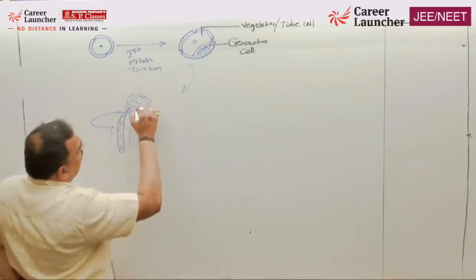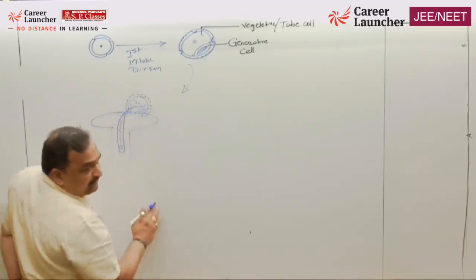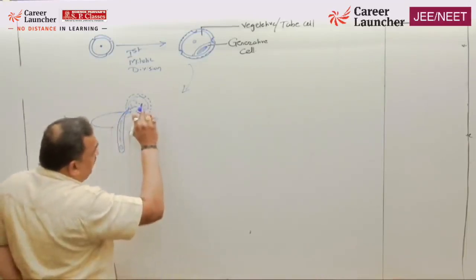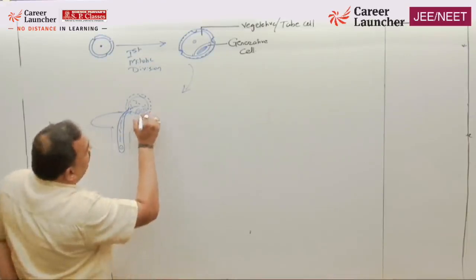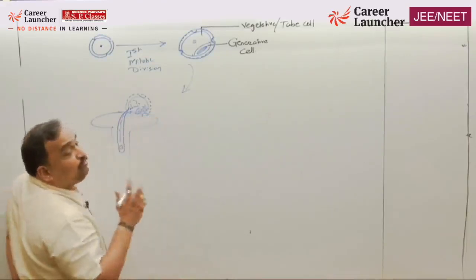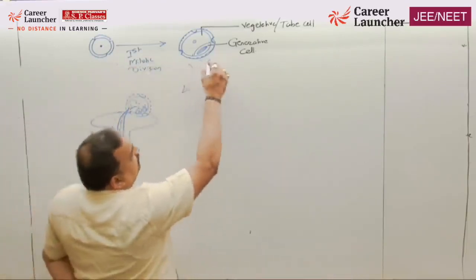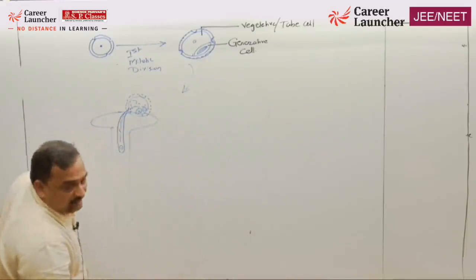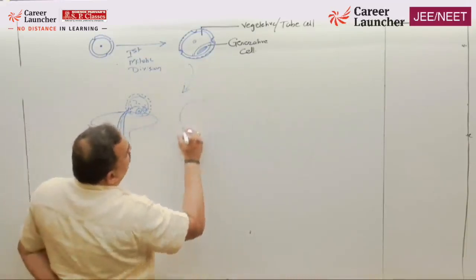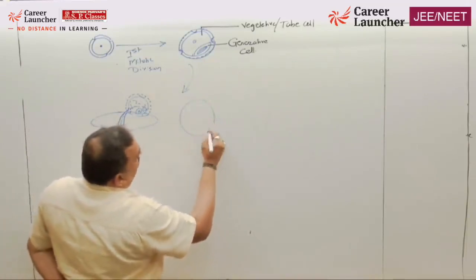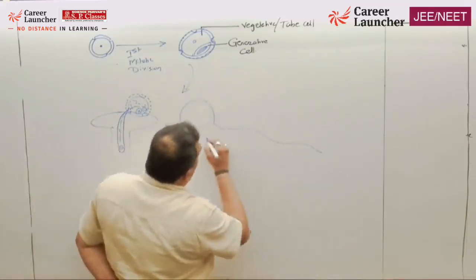Now, once the cytoplasm starts oozing into the pollen tube, before it becomes completely emptied, the generative cell undergoes mitotic division to form two more cells. So the first mitotic division is followed by a second mitotic division and you will get two male gametes. So now, this is your pollen grain, it has produced a pollen tube.